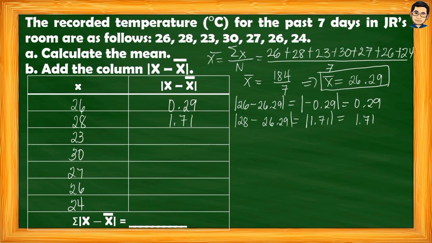1.71. Next, 23 minus 26.29. So 23 minus 26.29 will have negative 3.29. The absolute value of it is 3.29.